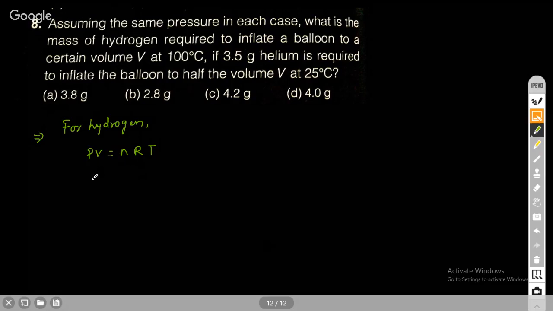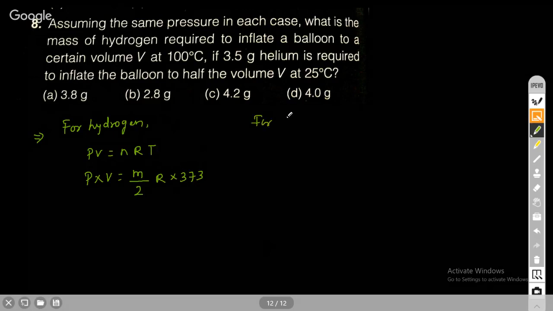We do not know, so let it be as it is. Volume is V, so P into V. Number of moles, I can write this in terms of mass. So it is the mass of hydrogen required divided by the molar mass of hydrogen, which is 2, into R, let it be. And temperature is 100 degrees Celsius, so it is 373 Kelvin. Right? This is for hydrogen.